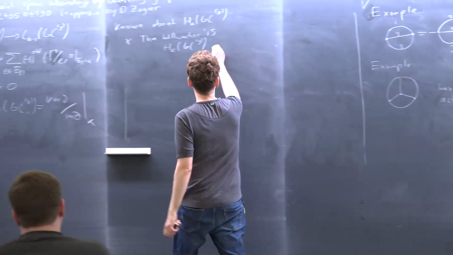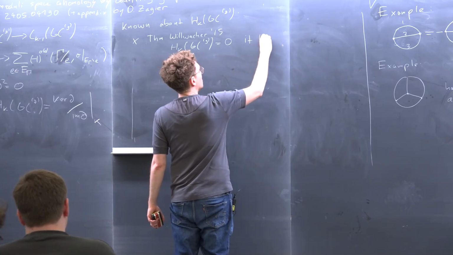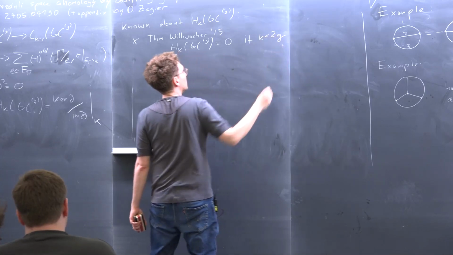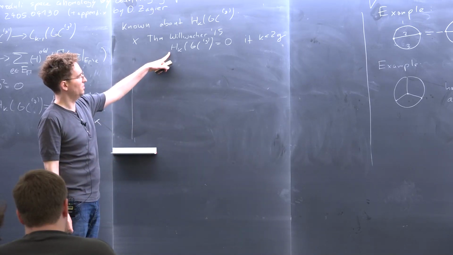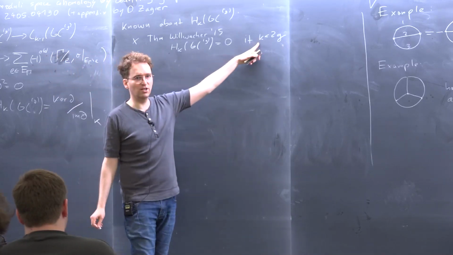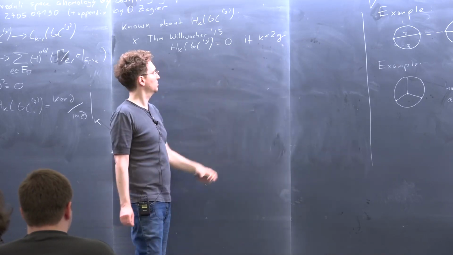So it's 0 already if k is smaller than 2g. So it's 0 very often if the number of edges is small compared to the rank.